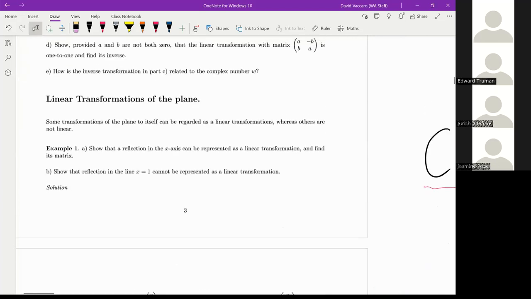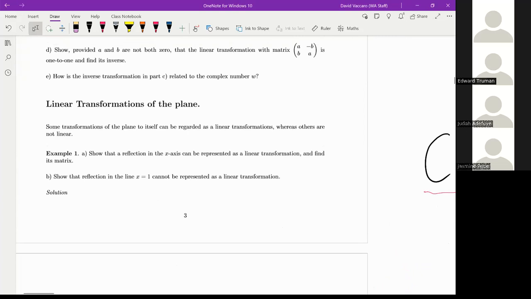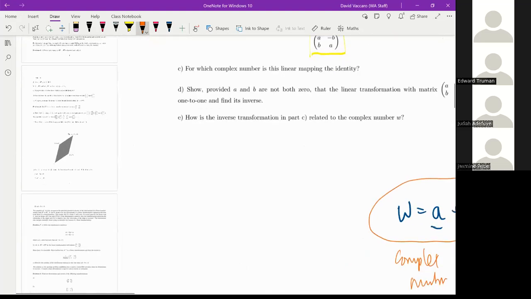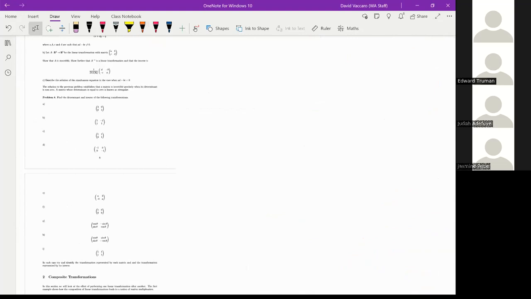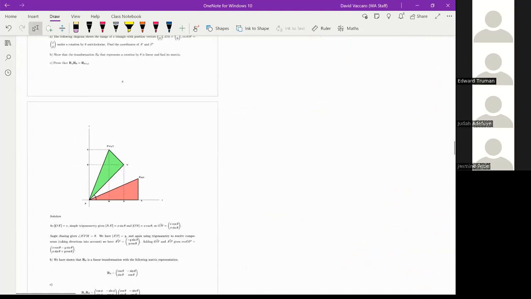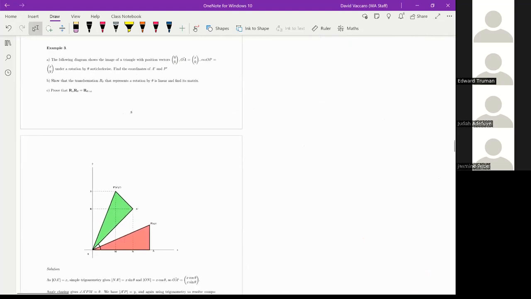So the next part of the sheet looks at something which we've already sort of looked at to a certain extent. It looks at linear transformations of the plane. So it turns out that certain transformations can be represented by matrices. And I'm going to give a really important example, and I'll just find the example here.